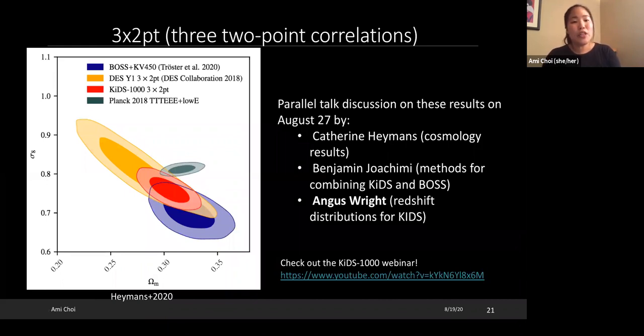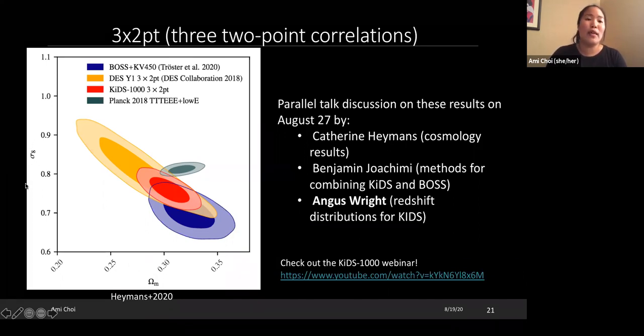Combining with the clustering and galaxy-galaxy lensing cross-correlations, the KIDS team obtains the cosmological constraints shown in this figure, and now we have omega matter on the x-axis and sigma 8 on the y-axis. Previously, I was showing you S8.